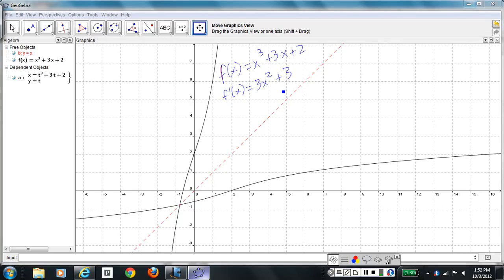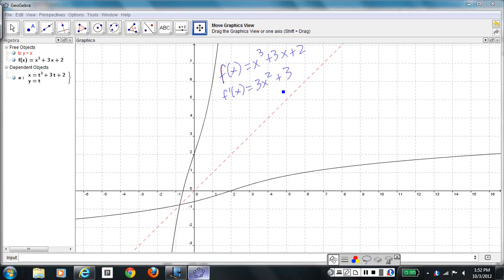Its derivative is always positive, then the tangent line is always slanted upward, the function is always increasing. And a sufficient condition, not necessary, but a sufficient condition for a function to be one-to-one is that it be increasing on its entire domain or decreasing on its entire domain.